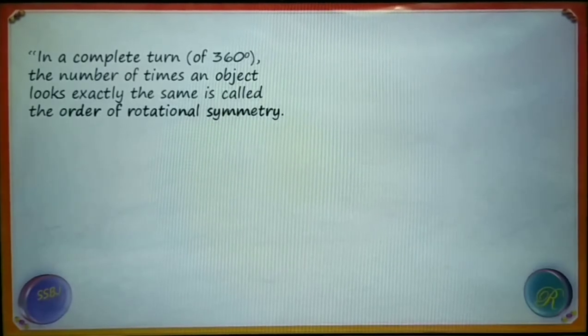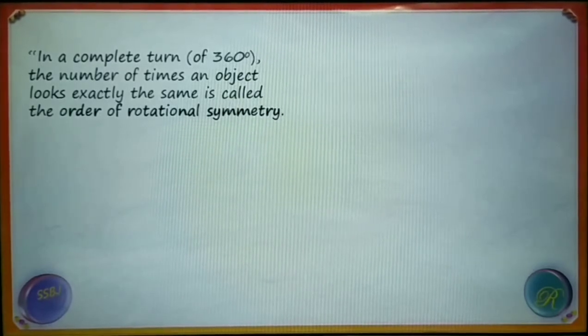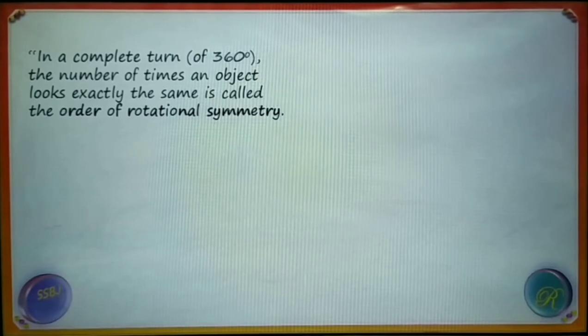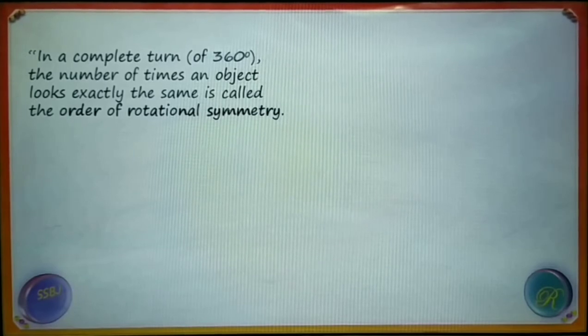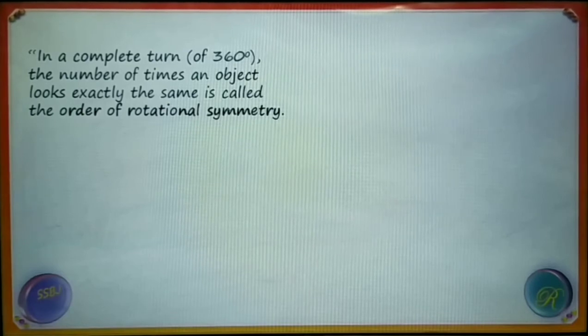In a complete turn of 360 degrees, the number of times an object looks exactly the same is called the order of rotational symmetry. Observe this figure.